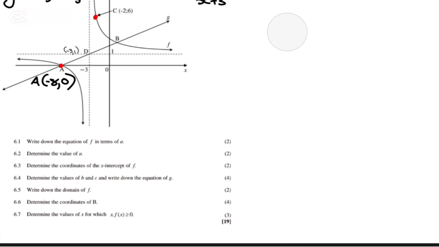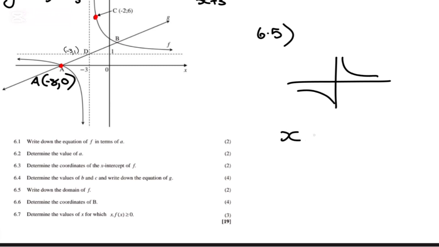Okay, so we've done 6.4, so now we're going to do 6.5. 6.5 is write down the domain of f. So the domain refers to all the x values, and you have to remember this. Whenever I've got a hyperbola, it will always be x element of real, but it excludes my asymptote.